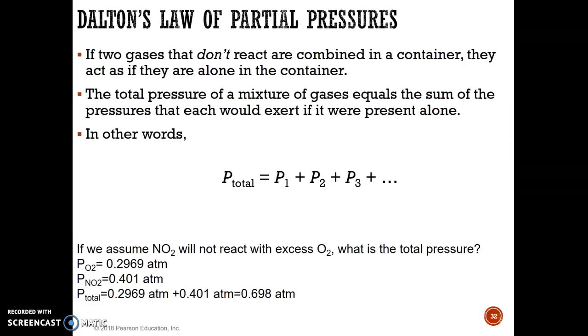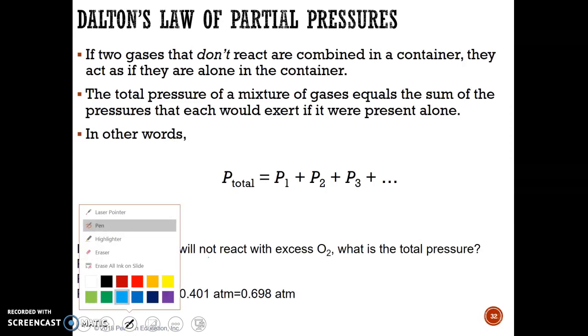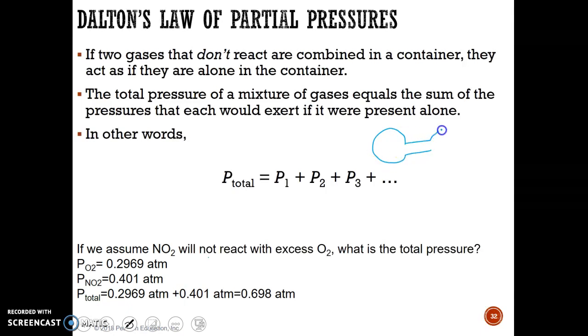So let's take our reaction that we just did and say, okay, we formed NO2. After NO2 is created, there's no more NO in there. So the only things inside the stopcock, or inside the gas containers, are NO2 and O2.